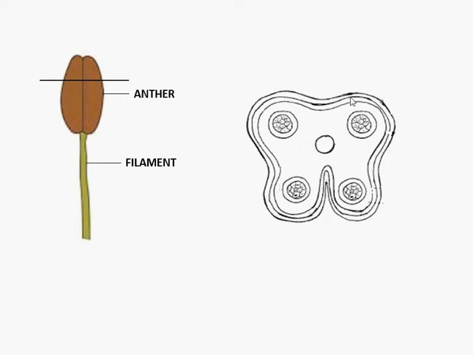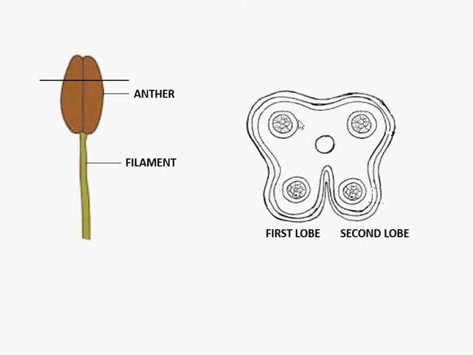So this is the transverse section of the anther. This anther consists of lobe 1 and lobe 2. This is the first lobe and this is the second lobe. Each lobe has two chambers. This is chamber 1 and this is chamber 2. So total 4 chambers in an anther.